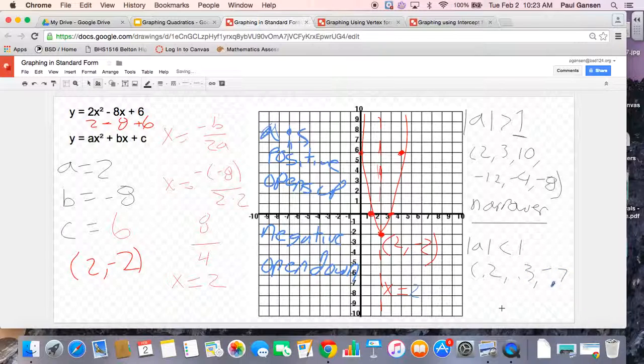Again, these values have to be smaller than 1, so like 1/2, 2/3, negative 3/17. All of these values, the fractions and the decimals, make the graph wider. So that's a bit of a description of what a is. I'd recommend taking notes on something like this, but that's how we graph using standard form.